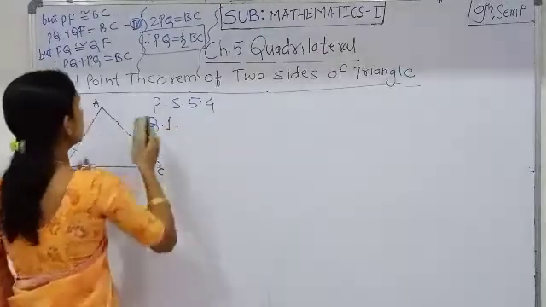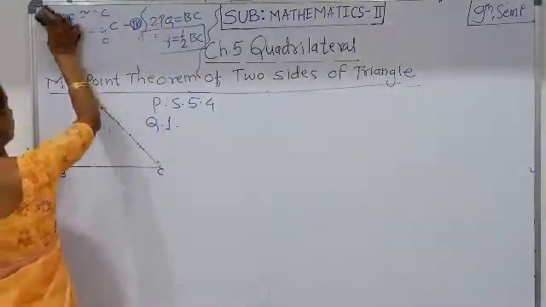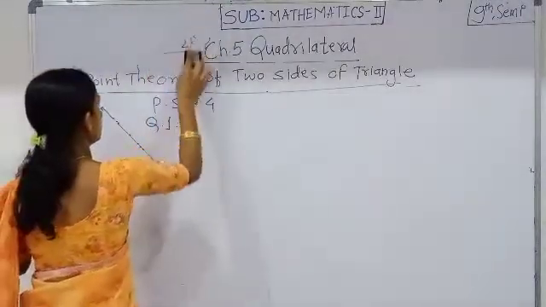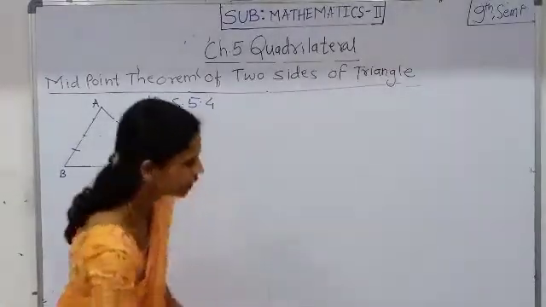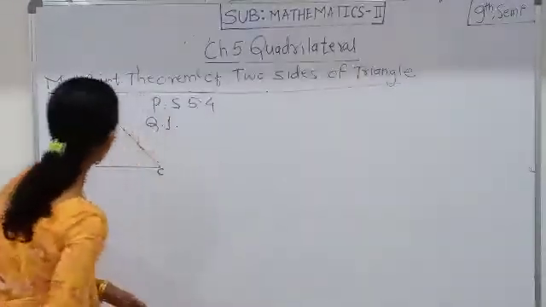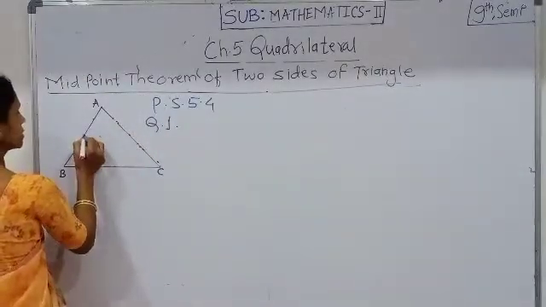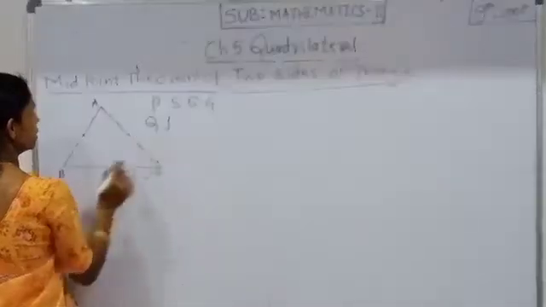The example given in the first question is triangle ABC, in which X is the midpoint of AB, Z is the midpoint of AC and Y is the midpoint of BC.